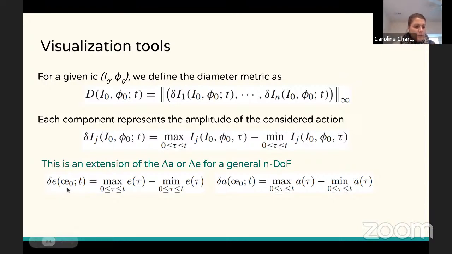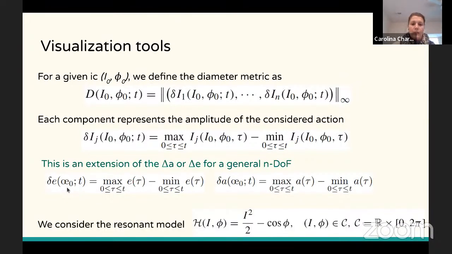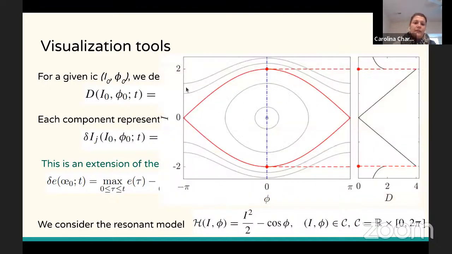So we use this to analyze the behavior of the D metric of a low-dimensional model, like, for example, the pendulum, as we discussed for some time now. And in the action-angle plane, we have, once again, the cat-eye typical structure, and we plot the landscape of this metric D that I showed you before.